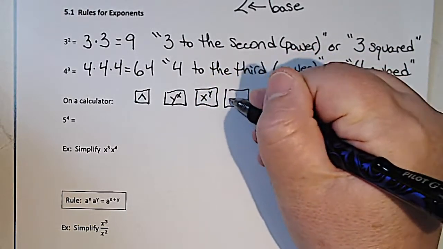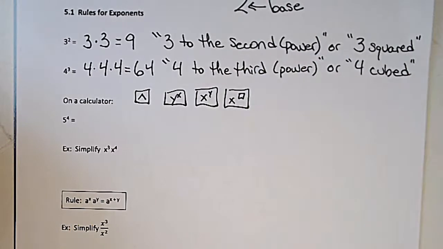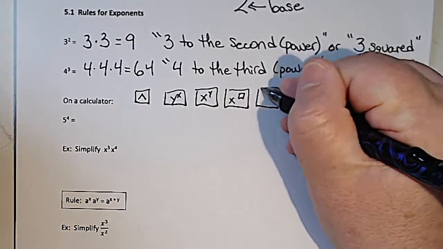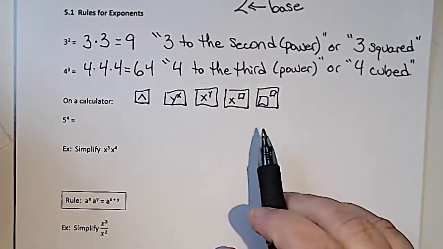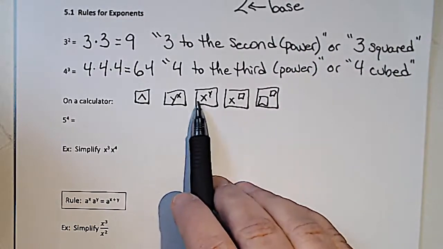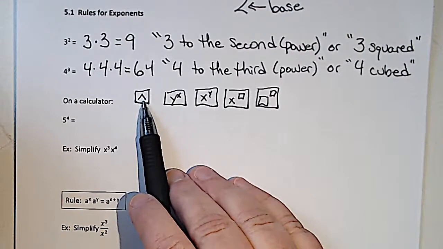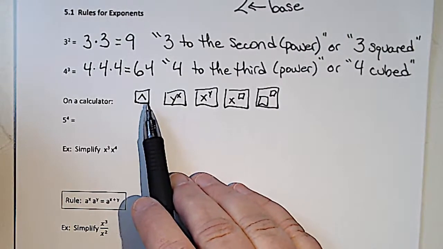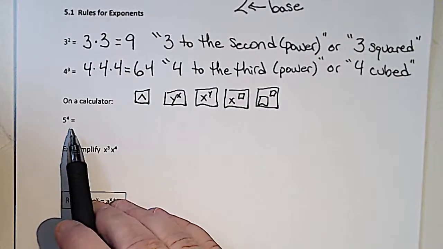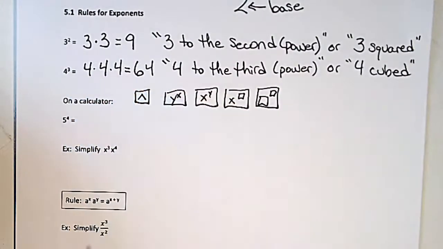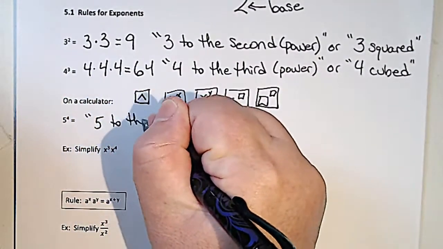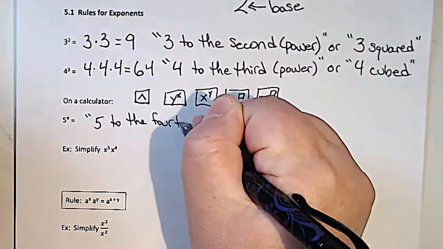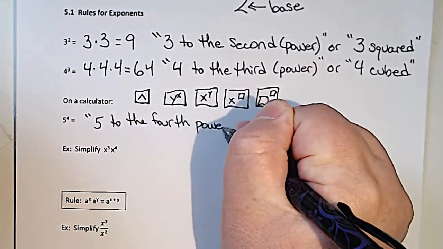I've seen x to the box, and on WebAssign, you're looking for box to the box on some calculators. So basically, it's either going to look like an exponent or like this little triangle arrowy thing.